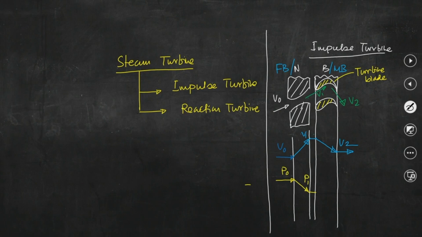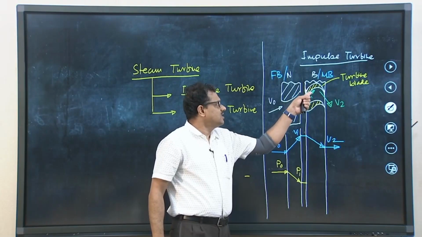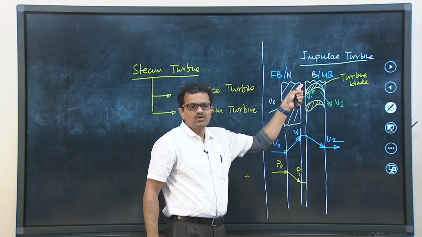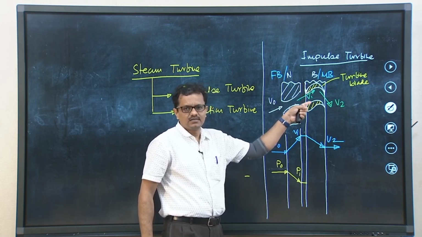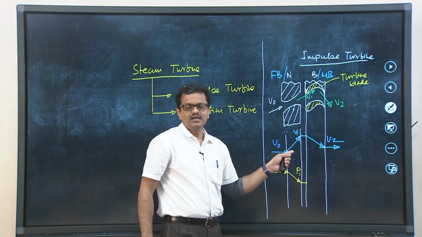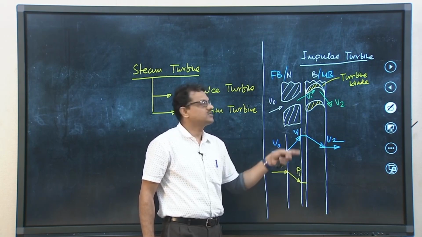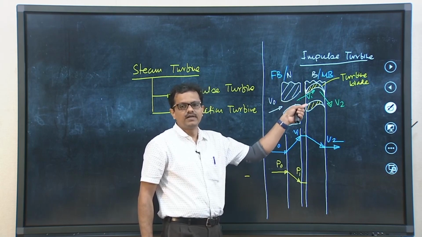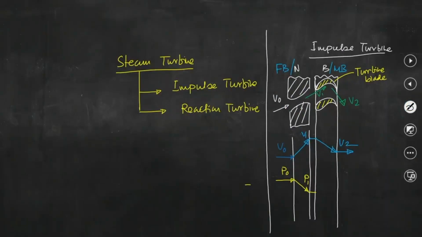Now, when steam is passing through the row of moving blades, then for the impulse turbine there is no pressure drop as steam passes through the moving blades. So, pressure will remain constant. So, this is P2.